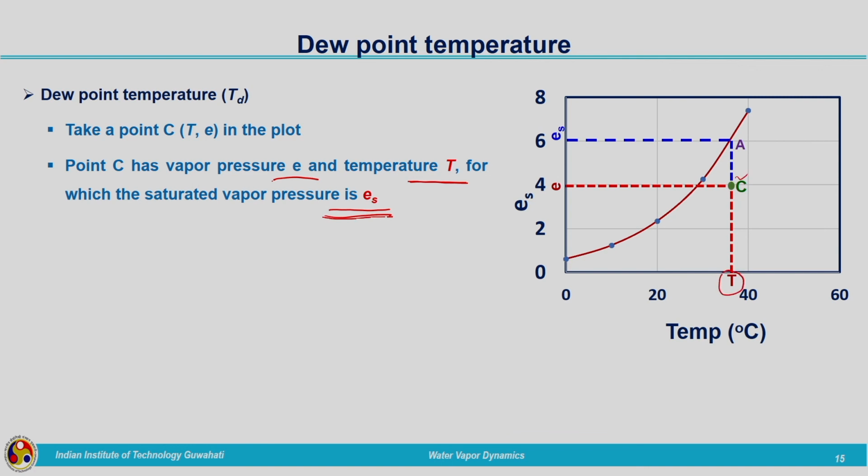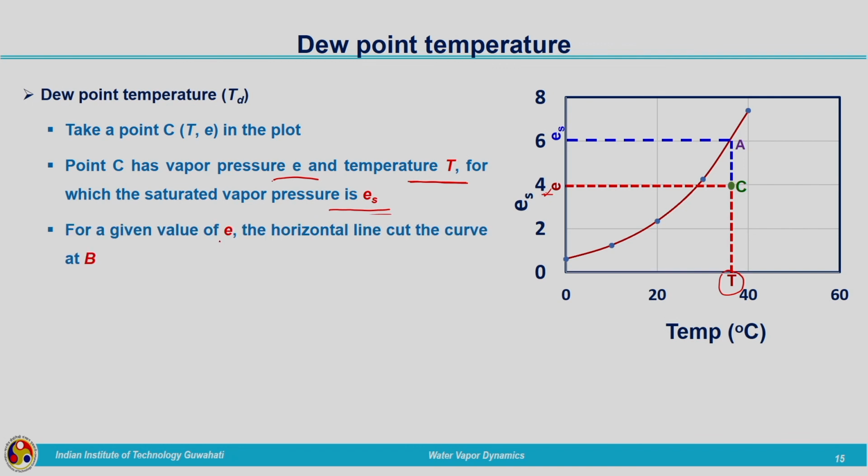So, initially we considered a point C with temperature T and vapor pressure E. But corresponding to temperature T, the saturation vapor pressure is obtained by extending the line towards another point A, and the ordinate corresponding to that is taken. That will be the saturation vapor pressure corresponding to the temperature T.